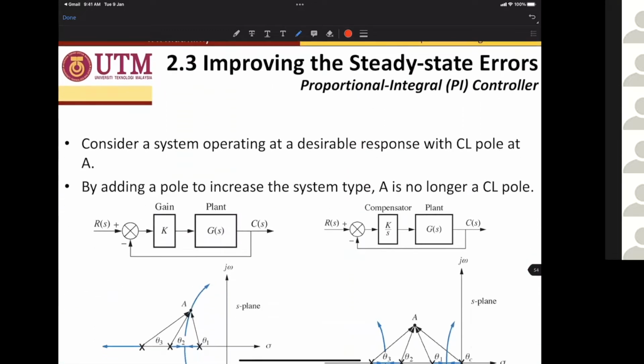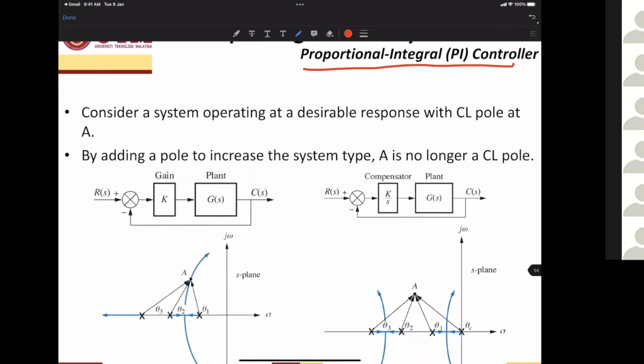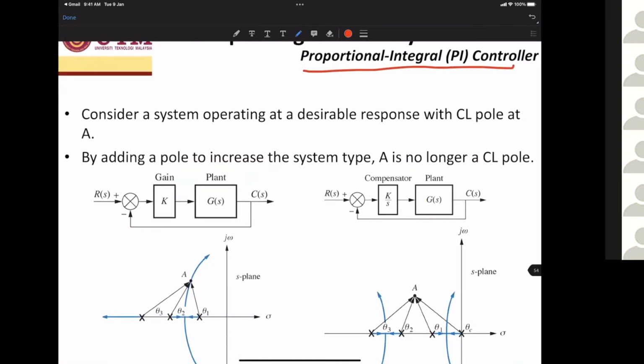So how to improve the steady state error using a PI controller? Ada dua cara. Satu adalah by using a gain controller or compensator.